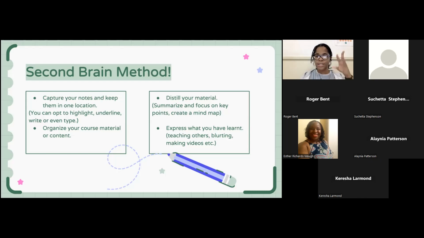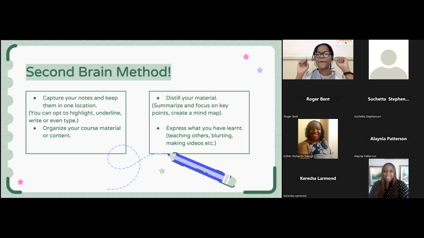You want to go through and take out what you need to know and what you don't. In those 100-page readings, I don't know if I'm going to get in trouble for saying this, but probably only 10% of the reading has what exactly you need to know. So you summarize and focus on the key points within your content.